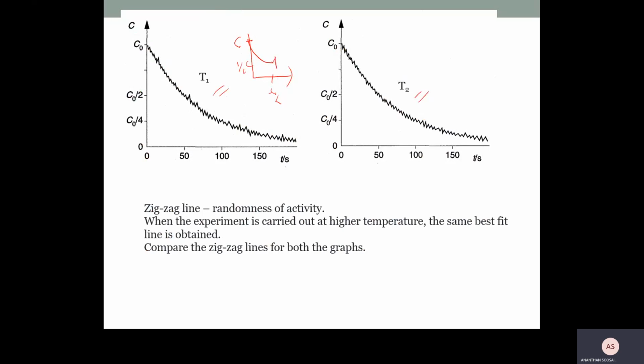The first time you repeat, maybe a little more than half C; you repeat again, it will be a little lower. It's about that value, but the reading always fluctuates, which shows the random nature. Not exactly that amount of nuclei will disintegrate at that time. Sometimes lower, sometimes higher. It's random.